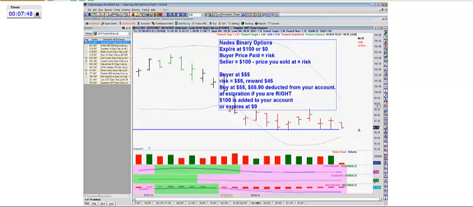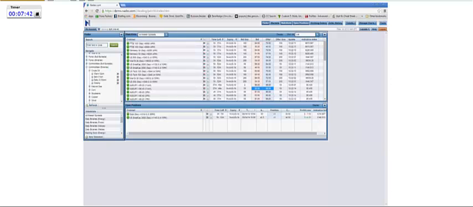NADEX is facilitating the process of buy and sell orders and traders in the market. So NADEX doesn't make money on you taking a trade and being right or wrong. They take a commission based on the trade that is placed, and then settlement if the market settles at a profit.